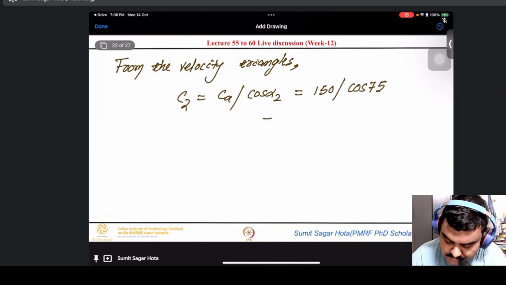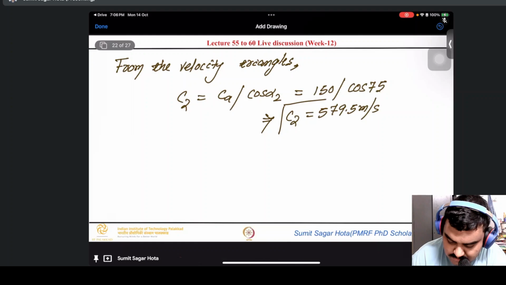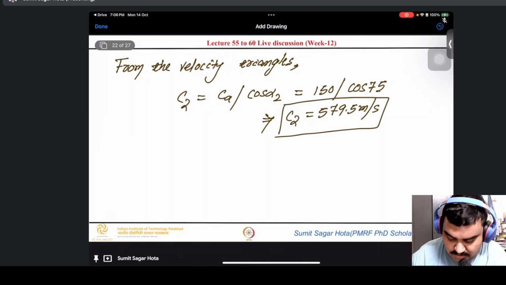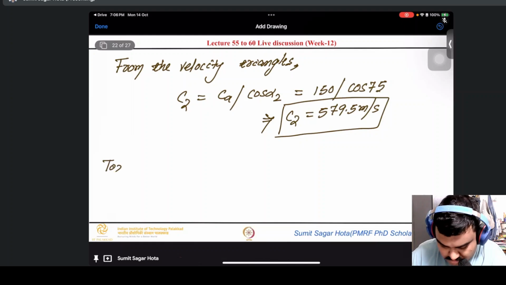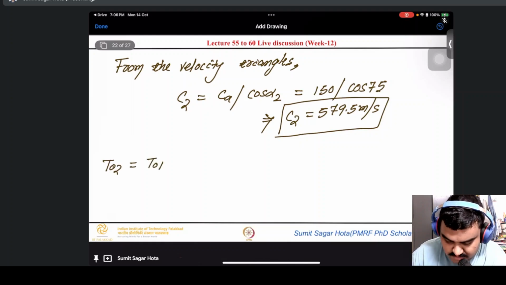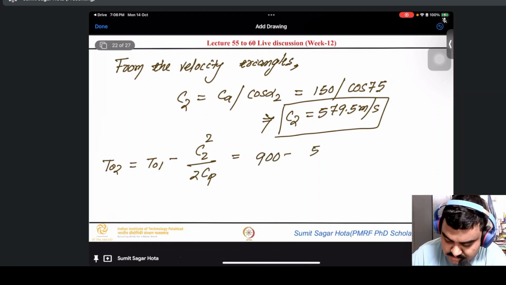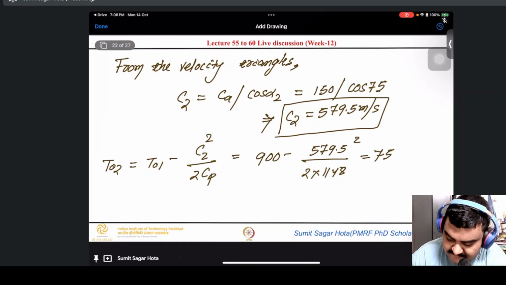So C2 is equal to 579.5 meter per second. Then T naught 2 is equal to T naught 1 minus C2 square divided by 2CP is equal to 900 minus 579.5 square divided by 2 into 1148, which is 753.7 Kelvin.